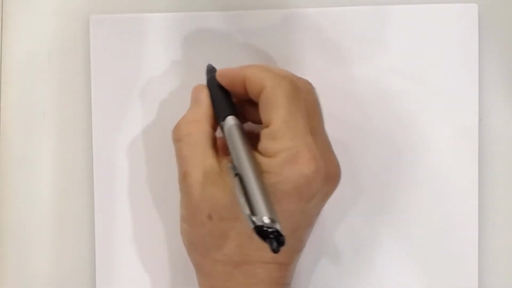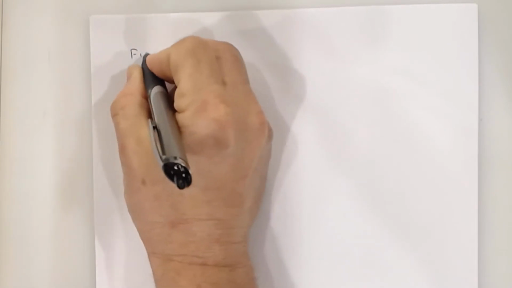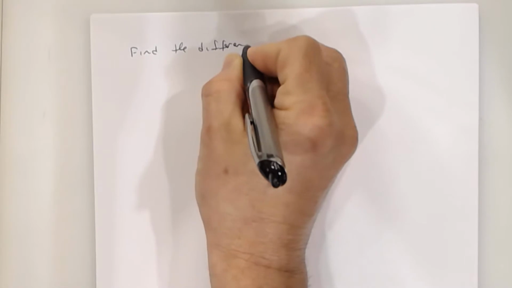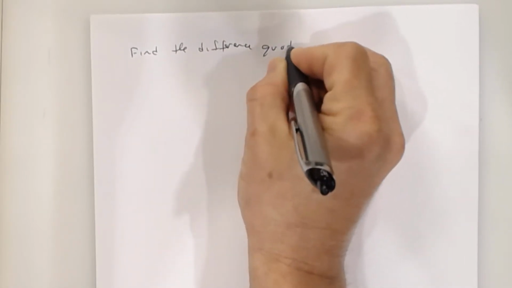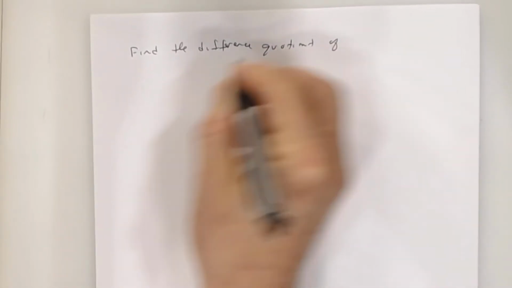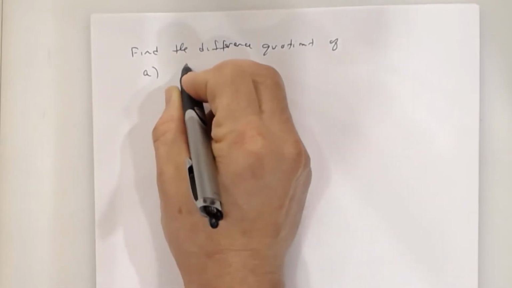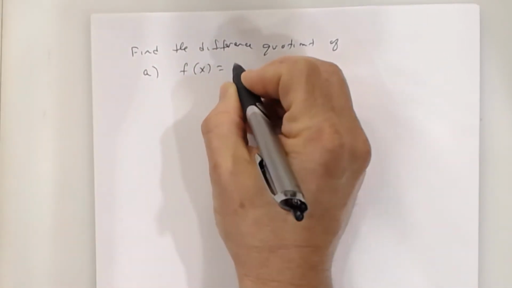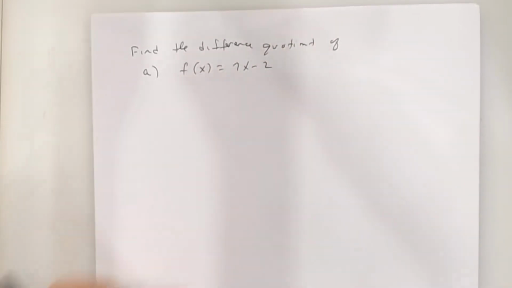All right, so here's the way it's going to be stated. Find the difference quotient of f of x, which equals 7x minus 2. So we're going to start with a linear function. The linear functions are easier than the quadratic, and all we're doing in here is a linear quadratic.